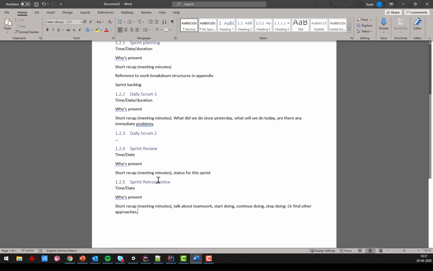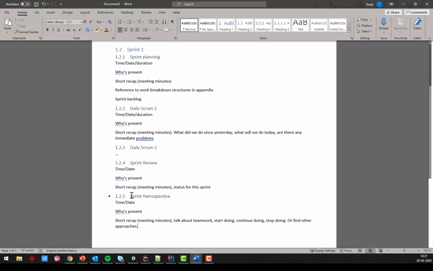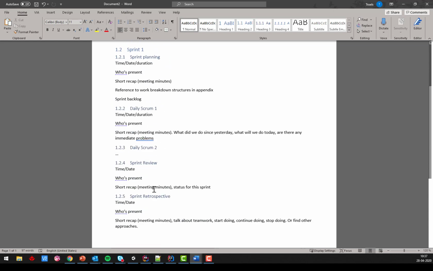So it will both make it easier to write your report. You will have your Scrum documented, fairly precise. And if you actually follow the structure here, it will also force you to follow the Scrum guidelines, more or less. So this is what I expect to see in the process report.